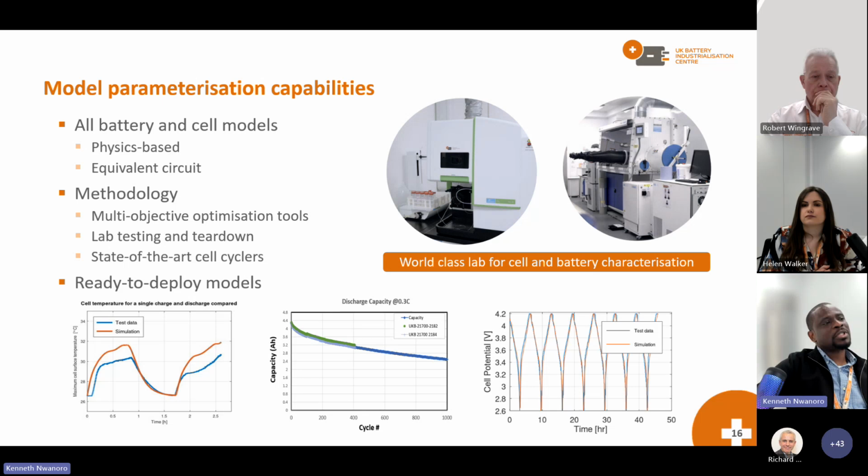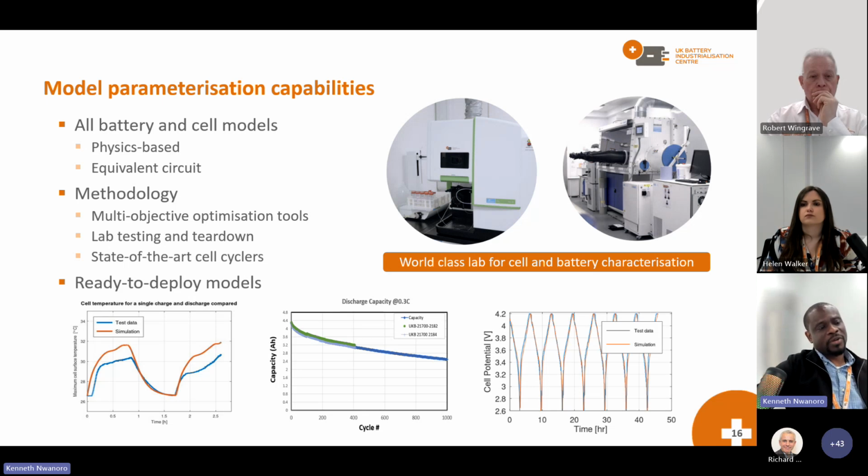As you can see, some of the plots that I showed there are the temperature prediction, the cell temperature response that we predicted even before the cell was built here at UKBIC. And then once we got the pilot line data, we matched that and saw how accurate they are. In the middle plot, you can see the cycle life data that we predicted for 1,000 cycles, and then we got data from our pilot line.